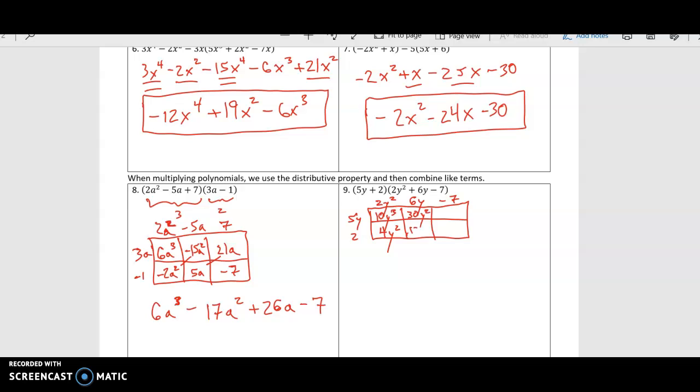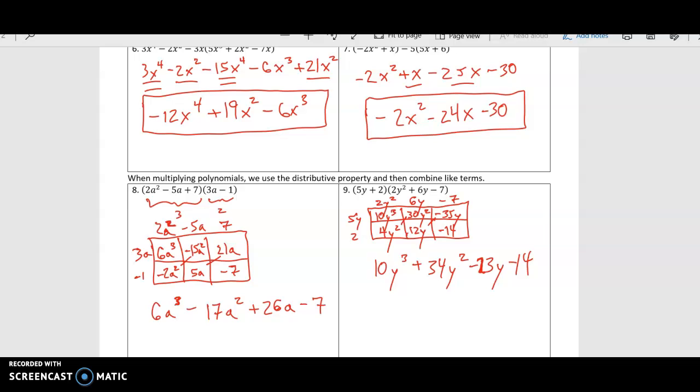And if I'm going too fast, just pause it and catch up. And minus 14. We're going to combine these like terms. This is a 23, isn't it? Okay. I think we're in good shape there.